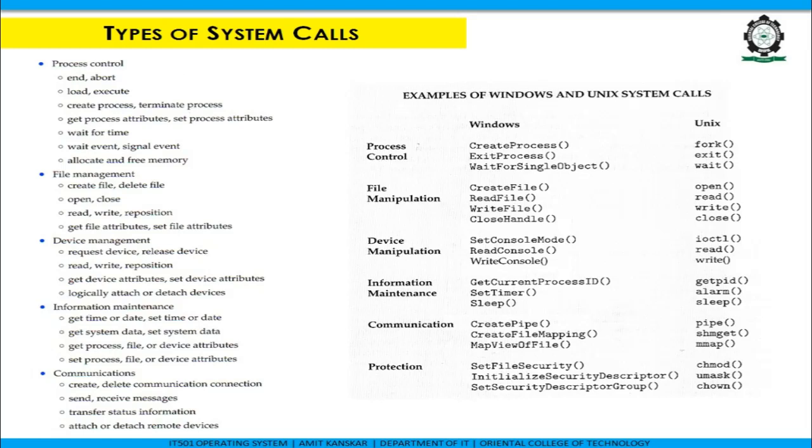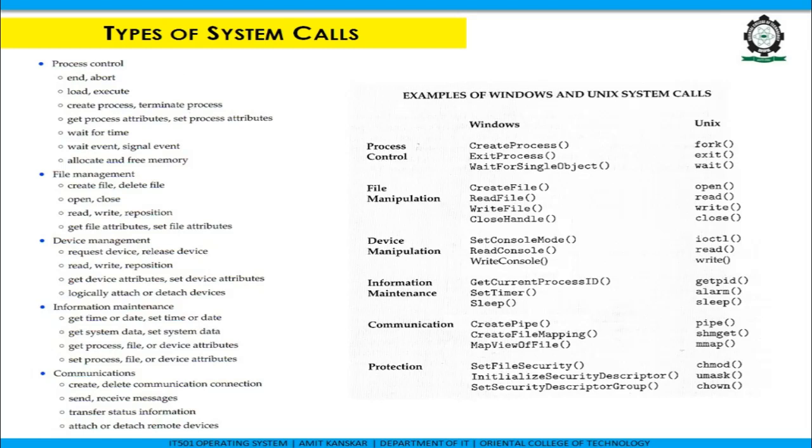Under file management, subsections are create file, delete file, open, close, read, write, reposition, get file attribute, set file attribute. Under device management, subsections are request device, release device, read, write, reposition, get device attribute, set device attributes, logically attach or detach device.